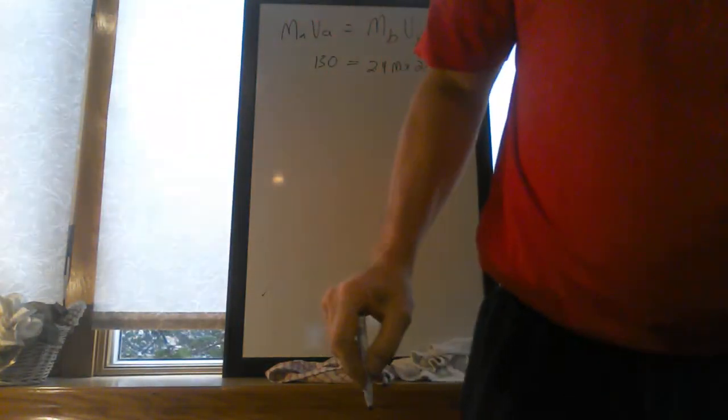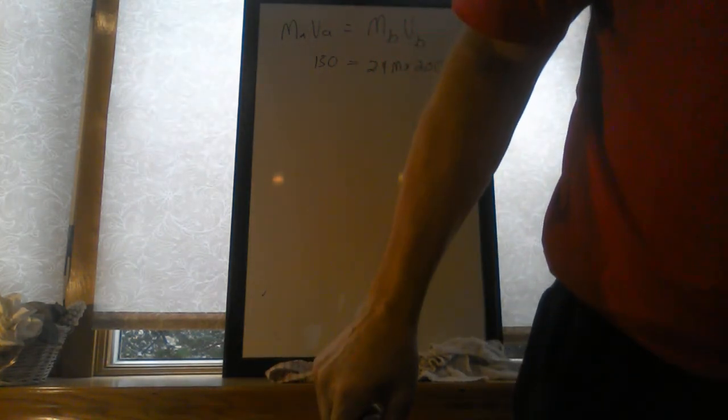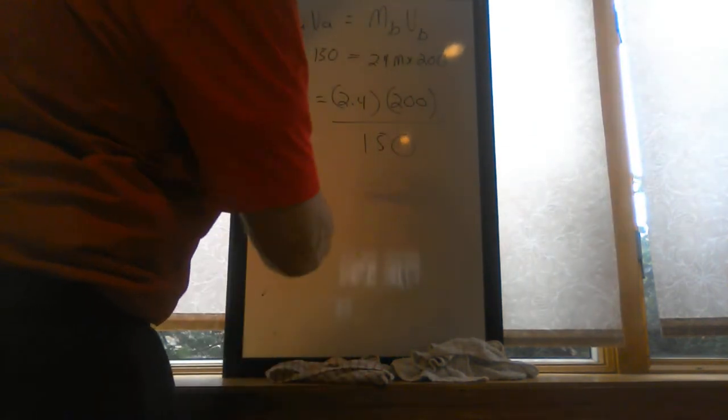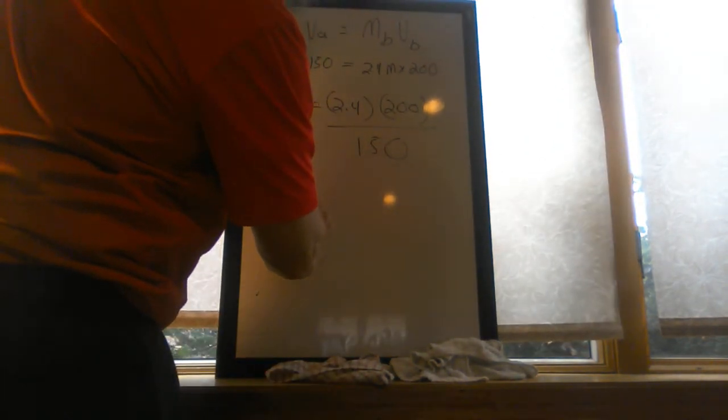This was actually more along the lines of our previous topic. 150 and then X. So X is equal to 2.4 times 200 over 150. So X is equal to, let's see if I can do this in my head.